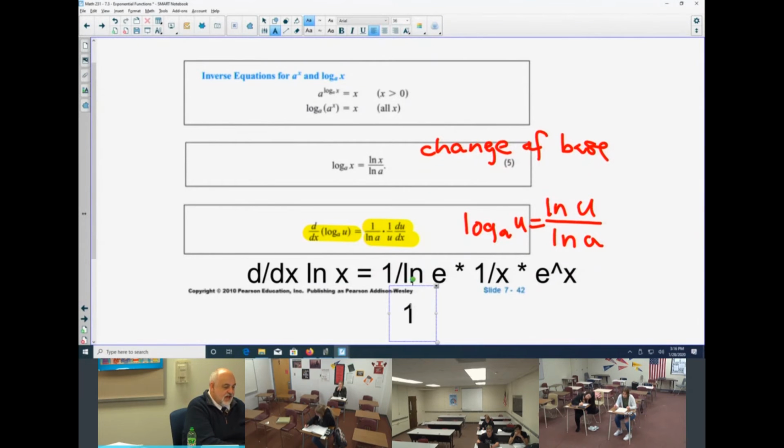And then we have times 1 over x. Oh, I'm sorry, it's times the derivative of x. It's times dx. Okay, so we'd have 1 times 1 over x.